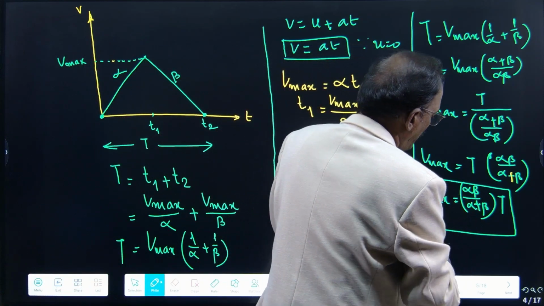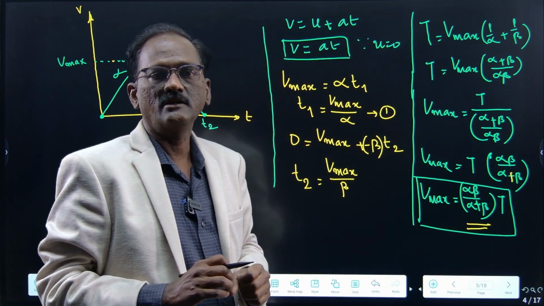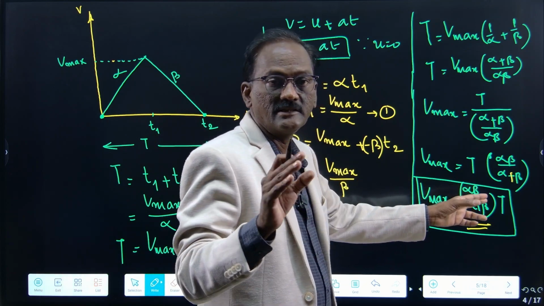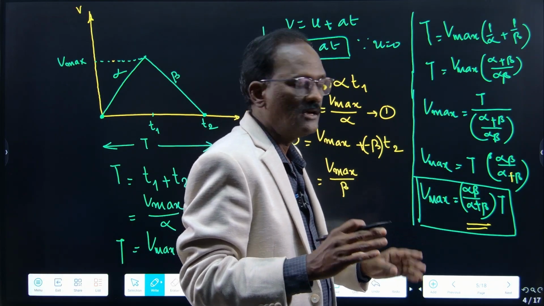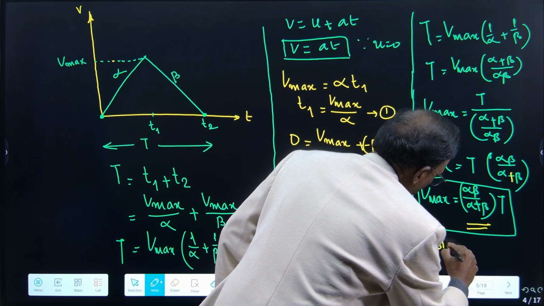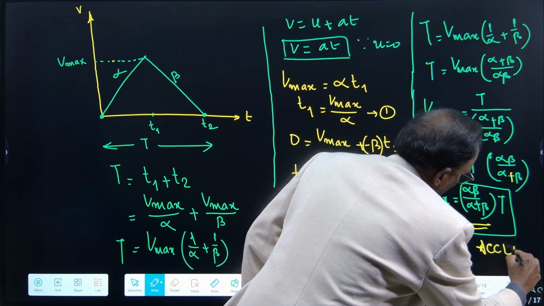So this alpha beta divided by alpha plus beta, this term is usually called combined acceleration. Alpha is acceleration, beta is deceleration, so this term is known as combined acceleration.